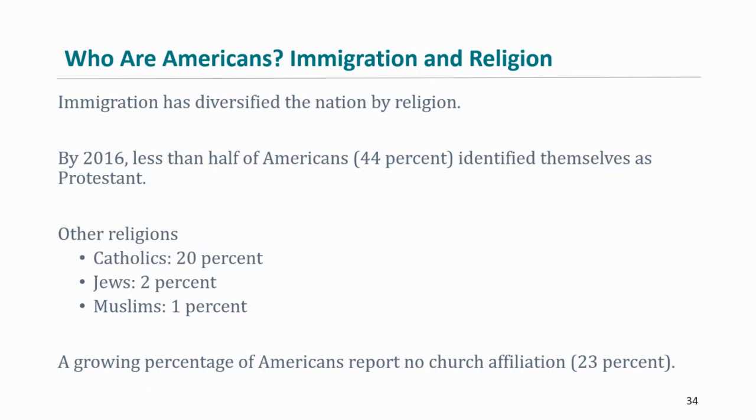But church affiliation is not necessarily synonymous with atheism, because this could also mean people who aren't practicing religion. They believe in a faith but don't really practice it. So you see that a lot as well.